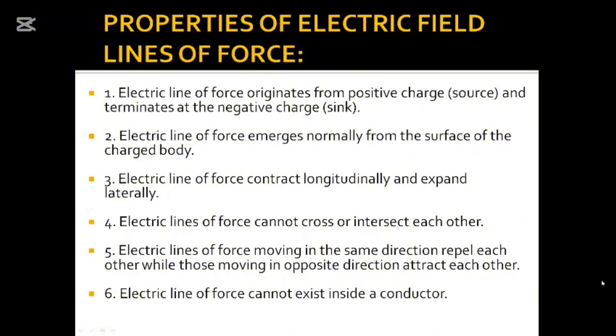So any time you are drawing electric lines of force, they must start from the positive charge and end at the negative charge. That means the lines should be outward from the positive charge and inward on the negative charge. Don't worry, when we start drawing, I will show you what we mean by that.